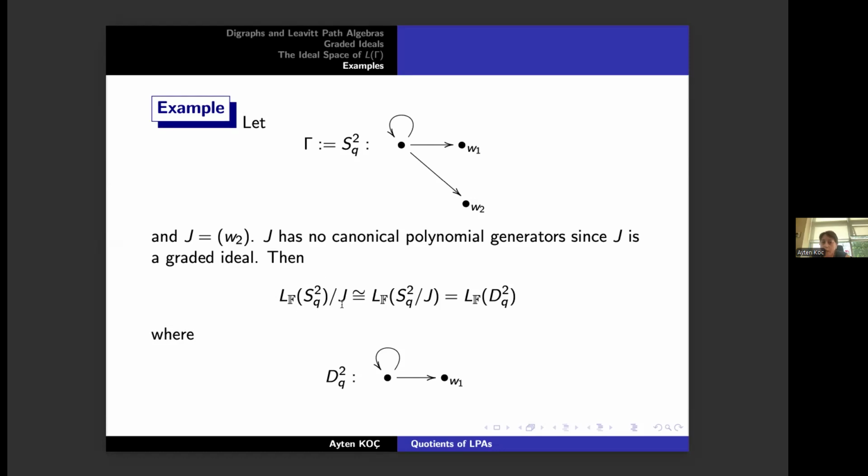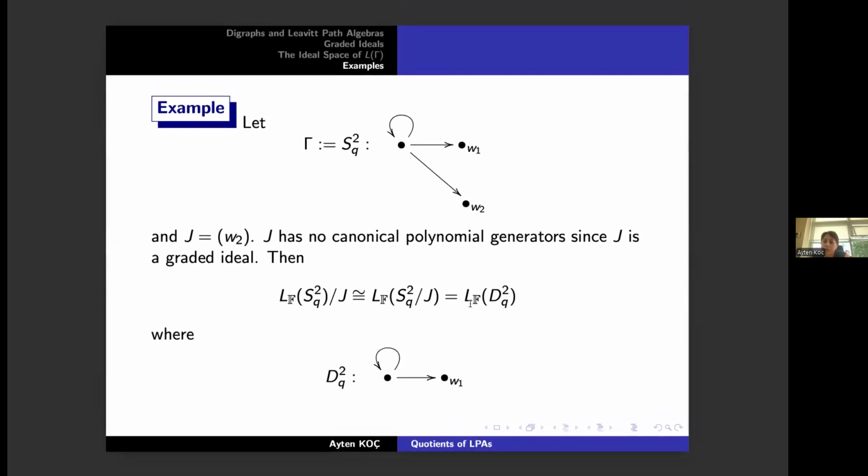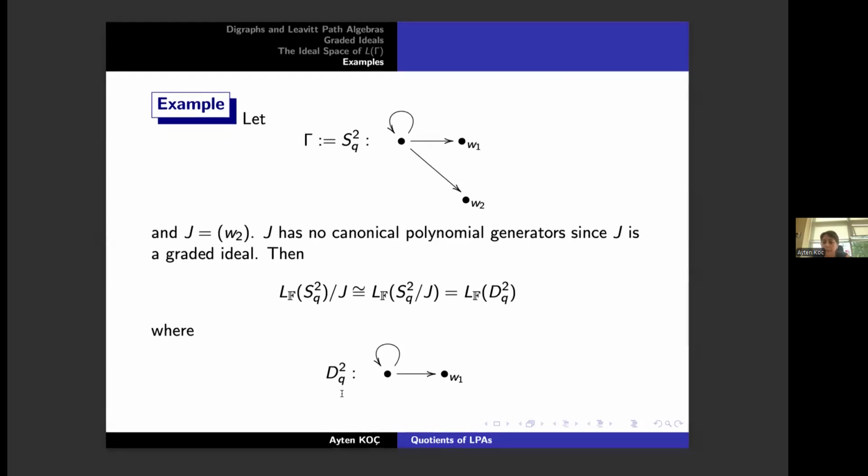L(Γ)/J is isomorphic to, how to get this digraph Γ/J, delete all vertices in J, so delete the vertex W2, and we obtain D2. So it is isomorphic to the Leavitt path algebra of the two-dimensional quantum disk.